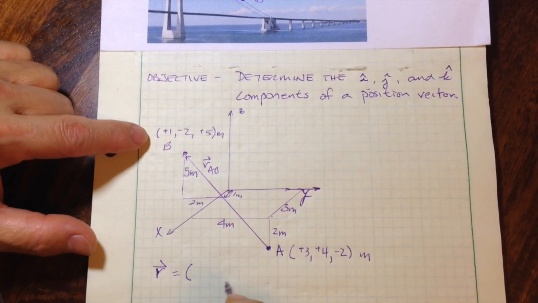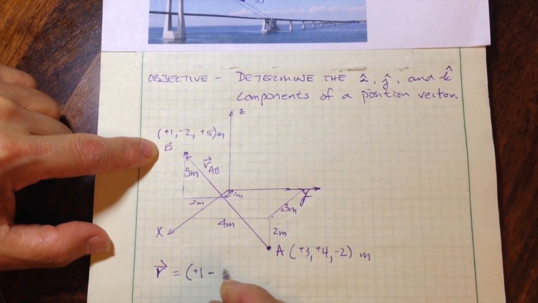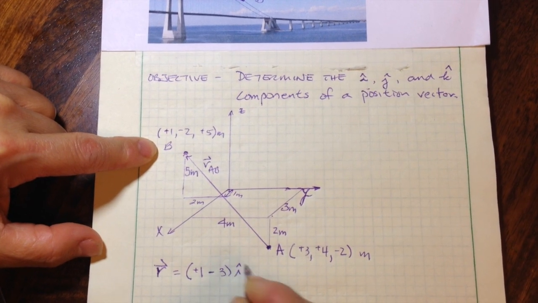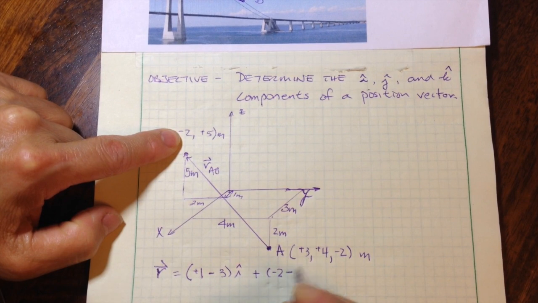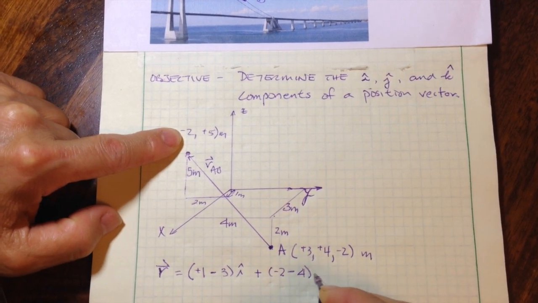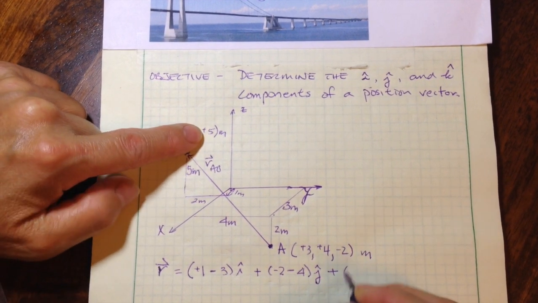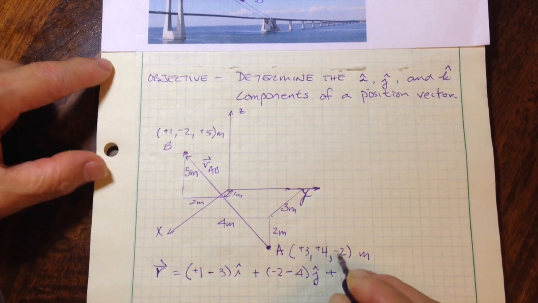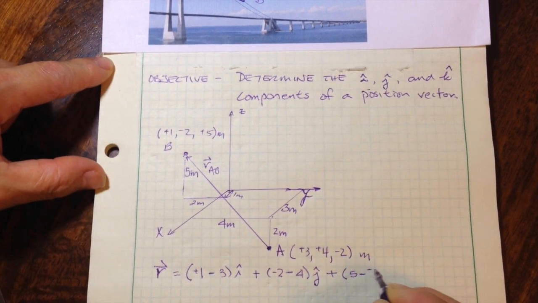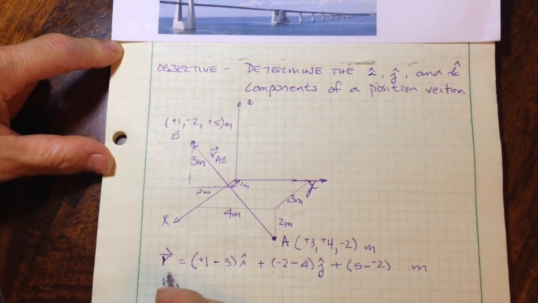That is, positive 1 minus 3, that would be my I component, plus negative 2 minus 4, that would be my J component, and finally positive 5 minus a negative 2, units in meters.